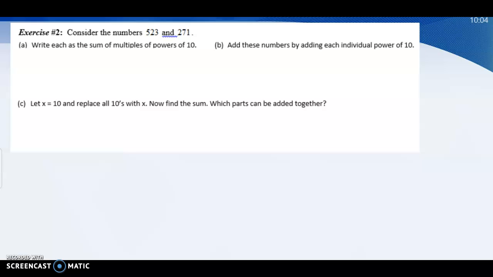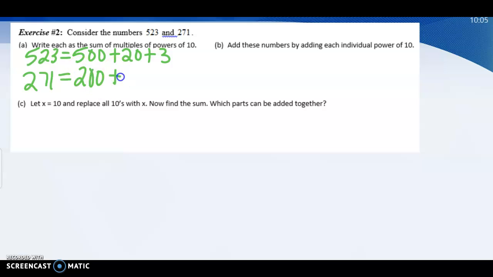So stick with me here, it'll make more sense in the end, but for right now, 523 is really 500 plus 20 plus 3. Agree? All right, 523. And 271 is really 200 plus 70 plus 1.